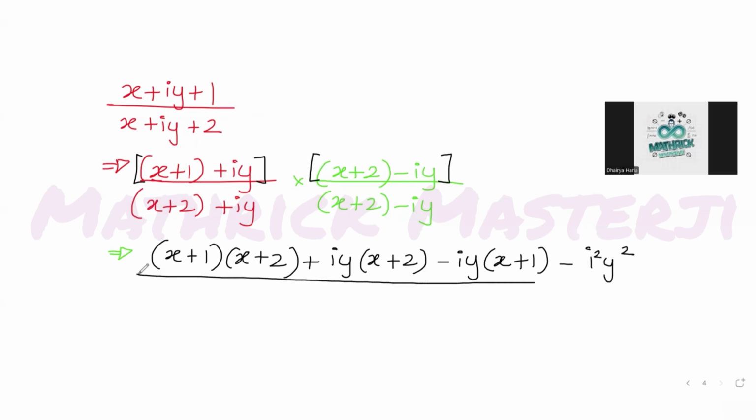The denominator is of the form (a plus b)(a minus b), which gives a squared minus b squared, where b squared is i squared y squared.